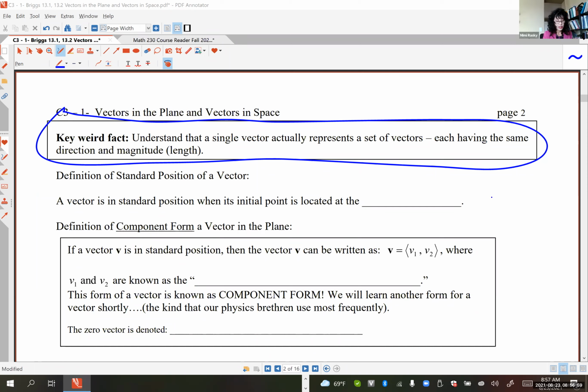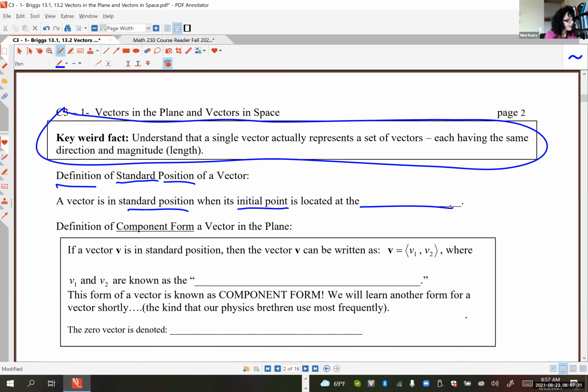Yay. Okay. Let's talk about some more definitions. I know there's a lot of definitions to start us off. We can't do a lot of fun until we lay down all the groundwork so we can play a good game, right? You got to know the ground rules for the game before you play. Standard position. What does that mean when you have standard position of a vector? The standard position means the initial point, that's the point that doesn't have an arrow on it, is located at the blank.